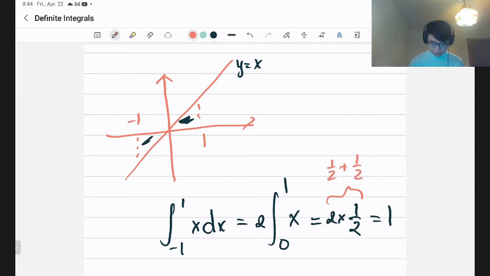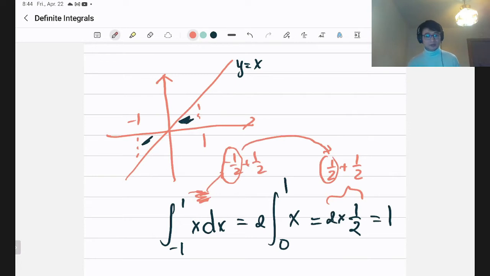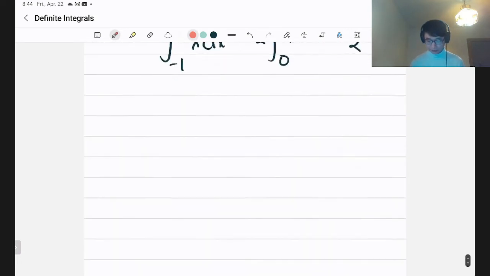Previously, we had -1/2 plus a half. So what we're basically doing is switching the negative side to the positive side, and we get the total area. That's how we figure it out.